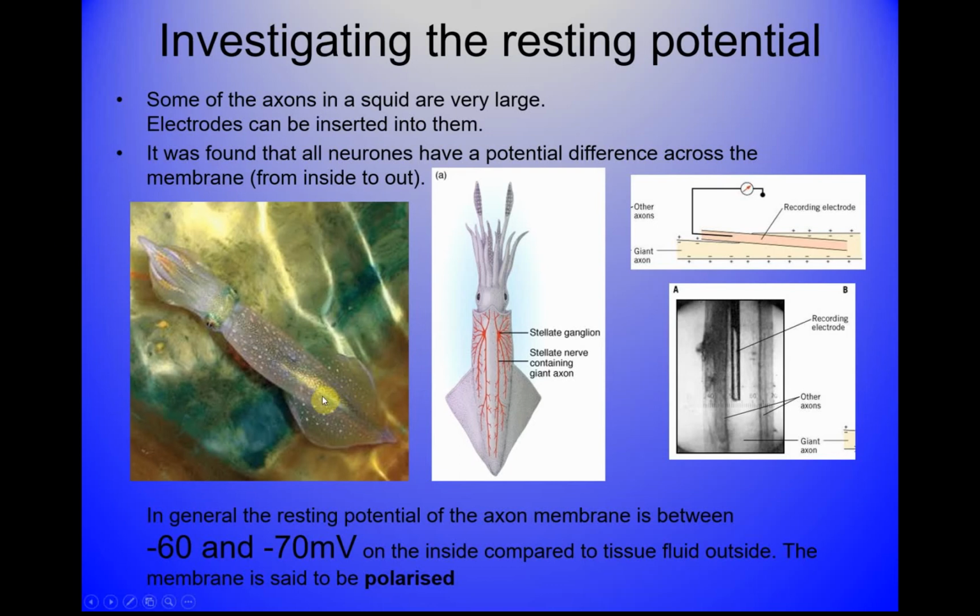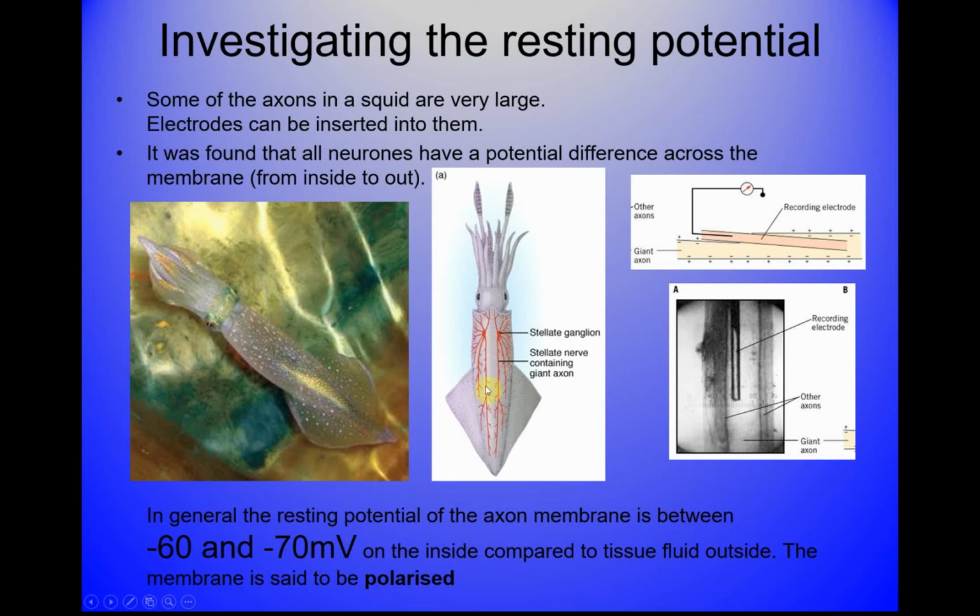Where the evidence for this came from was some scientific investigations into squid. They have very large axons called giant squid axons. It's not necessarily that the squid are enormous, it's that their axons are very large, which means they are useful in research because you can insert electrodes into them relatively easily.